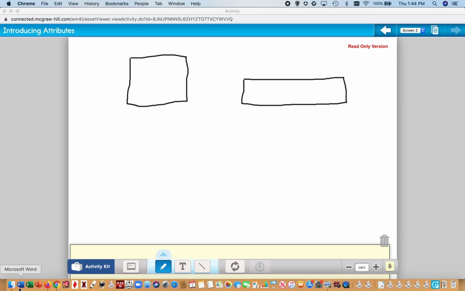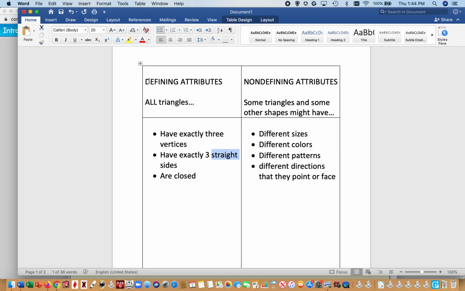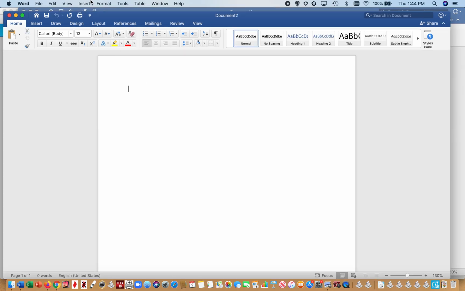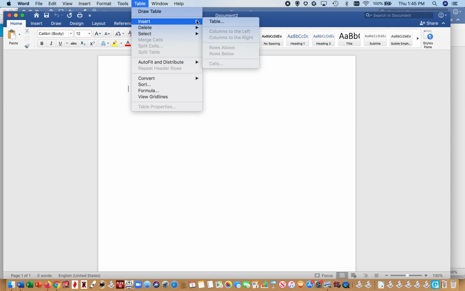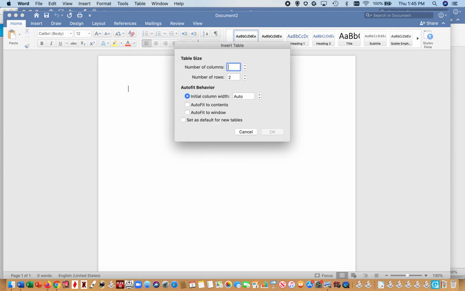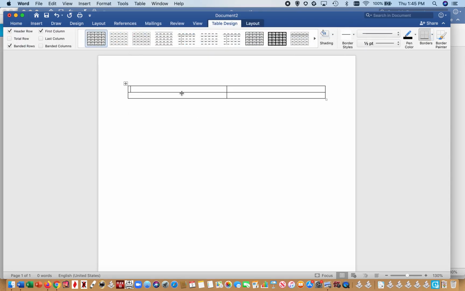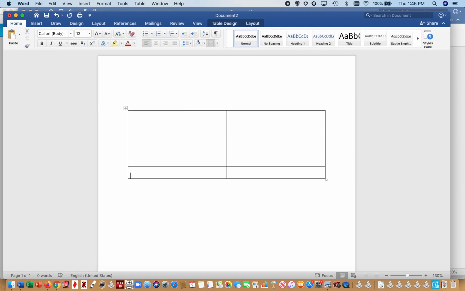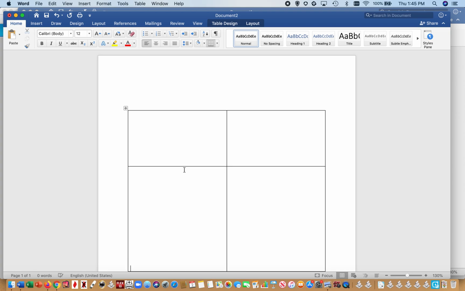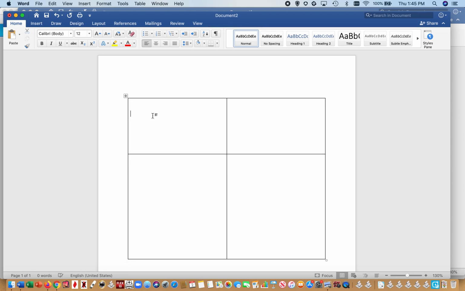All right, so let's start a new chart. There we go. And this time, instead of triangles, we are going to do rectangles. So on this side, I'm going to do defining attributes.